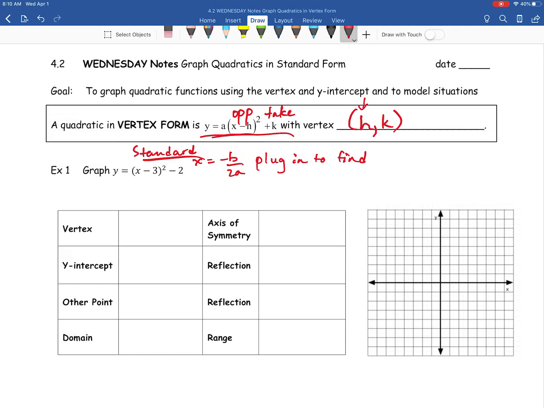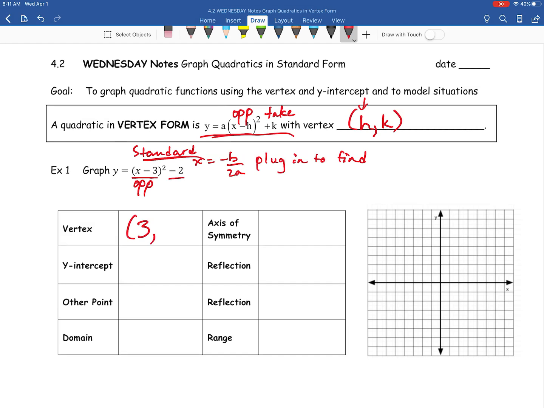Now, as we look at example 1, we have to graph this following quadratic function. We're still talking about U-shapes here. It says y equals the quantity x minus 3 squared minus 2. So our vertex, again, we're just going to take the opposite of the value that's inside the parentheses. That acts as your x value. Since it says negative 3 there, we're going to go with positive 3.